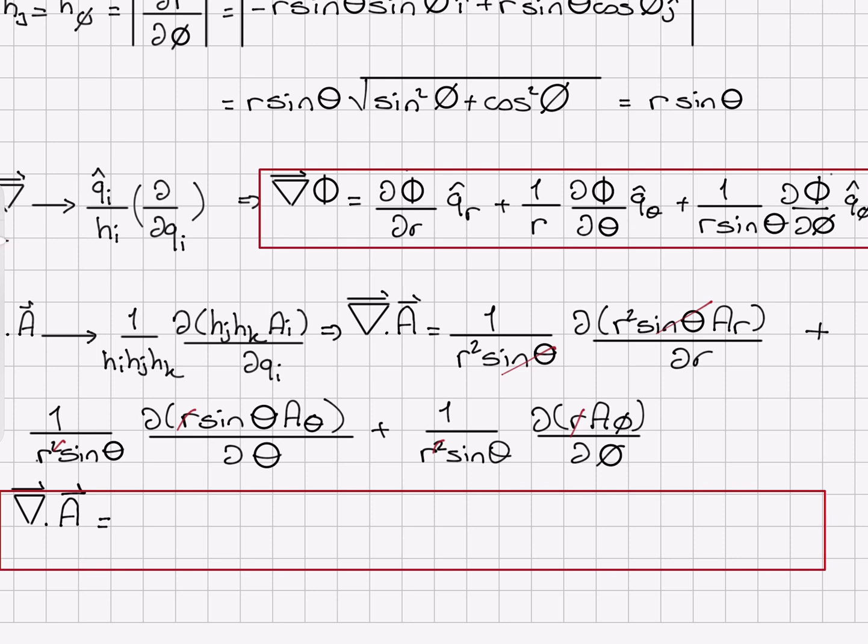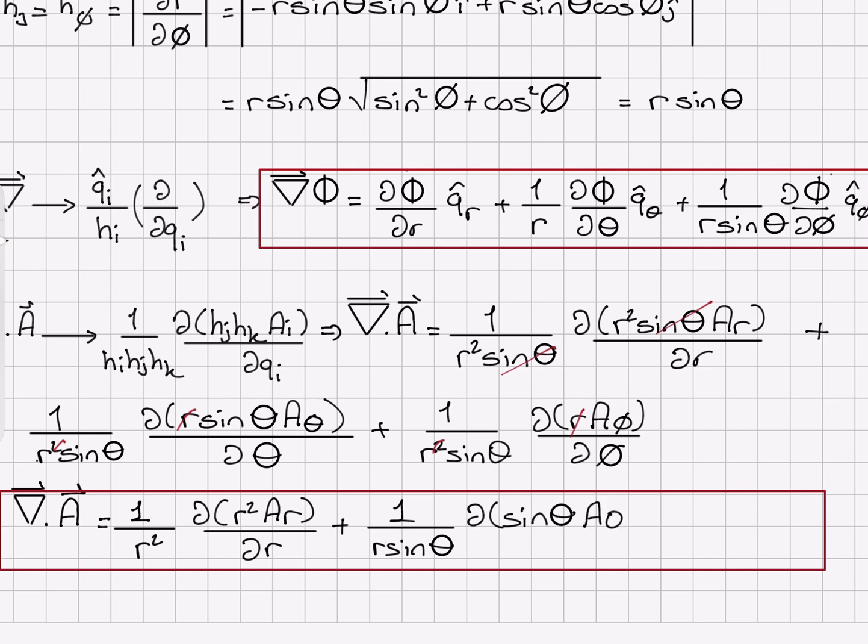So my final answer for the divergence of A written in spherical coordinates is 1 over r squared del r squared a r del r, plus 1 over r sine theta del sine theta a theta with respect to theta.